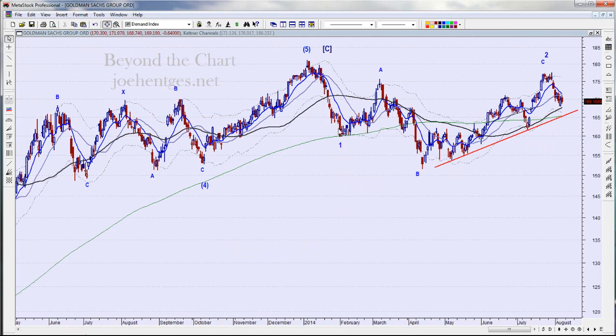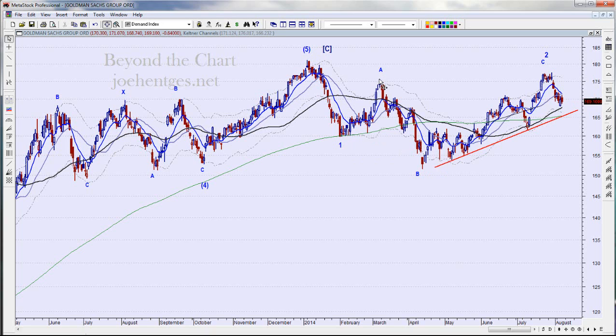We had 5 waves down here. This could be wave 1, or it could be A. I'm calling it wave 1. Now we have A, B, C, A, B, C back. So 3, 3, and a 5 wave back.